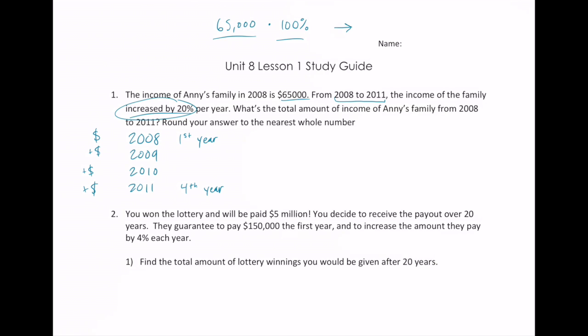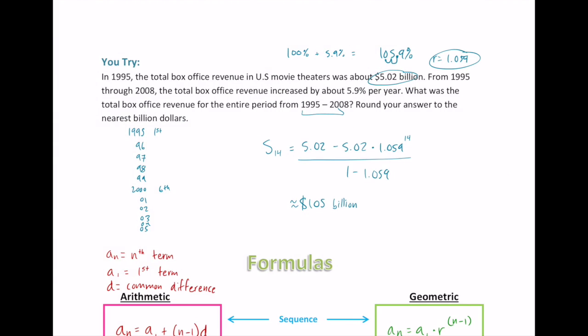But we're trying to increase by 20% here. So if we multiply by 120%, that means in the year 2009, there's going to be more money. So that's what we're trying to do. We're trying to multiply and find the sum.